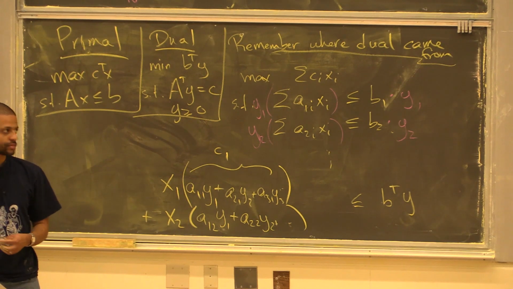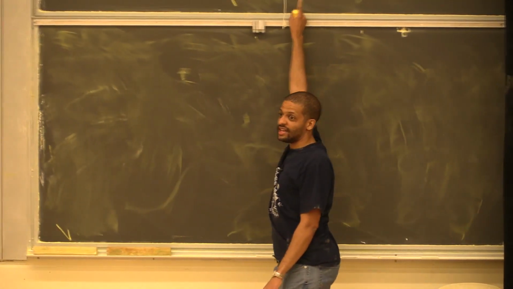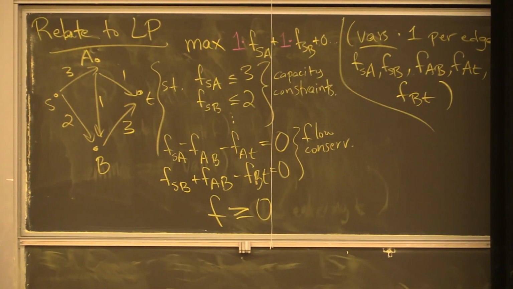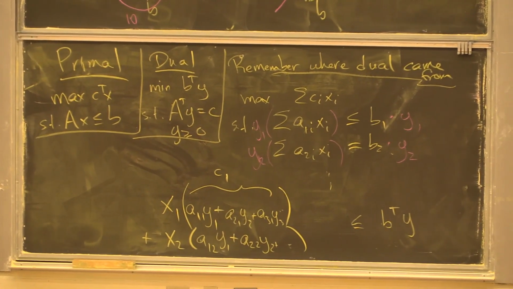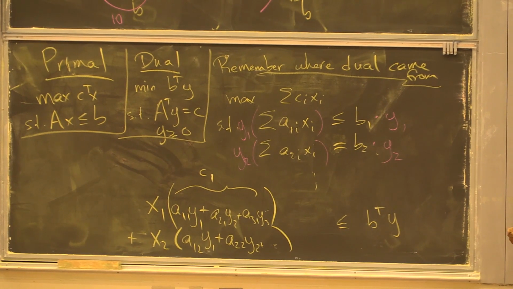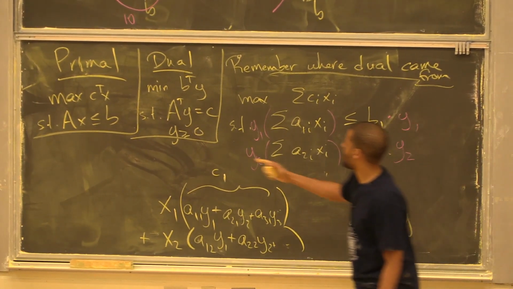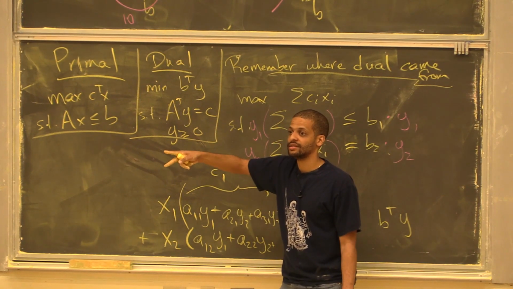Okay? So now let's think about what we have here. Some of our constraints are not inequalities, they're equalities. Right? So for example, one of them actually is an equality. What does that mean for us? It means in particular, it doesn't matter whether y2 is at least 0. Right? We said that all the y's have to be at least 0 because we were worried about flipping the direction of the inequality.